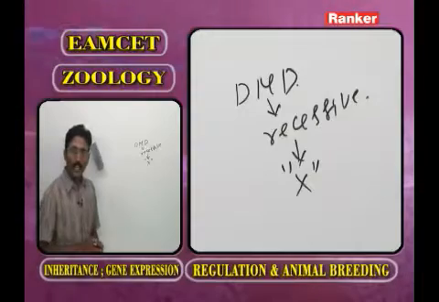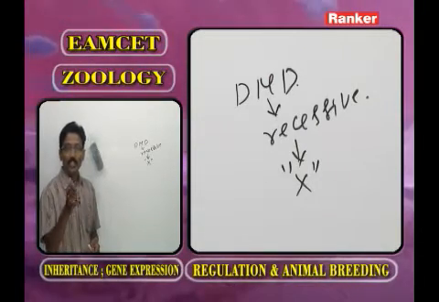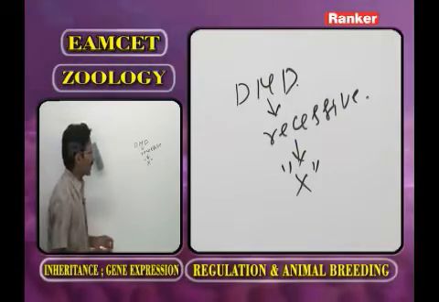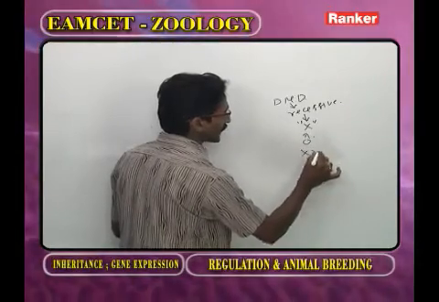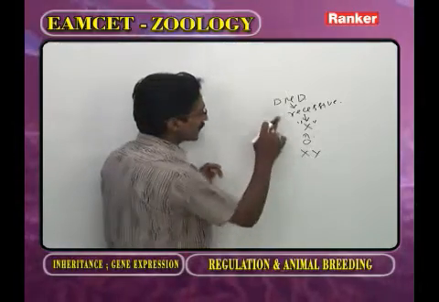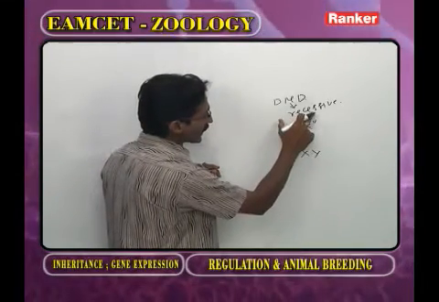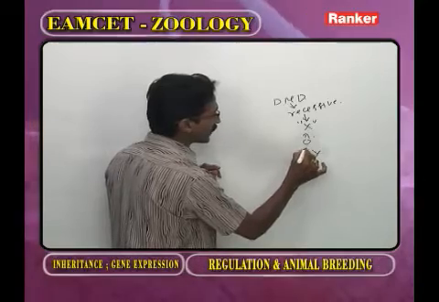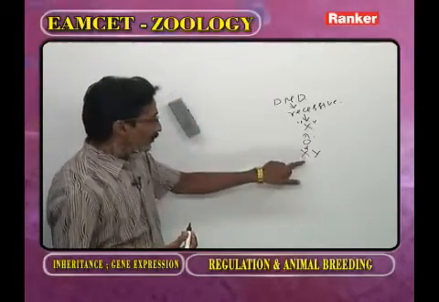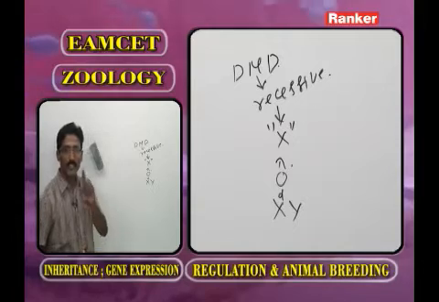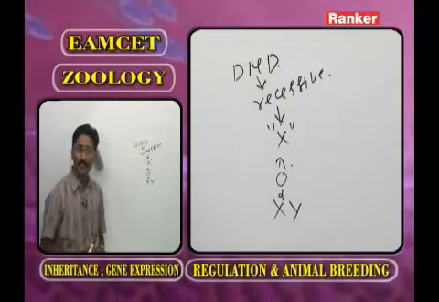Now this DMD, Duchenne muscular dystrophy, is more common in males, because the male animal has XY chromosomes. This disease is controlled by a recessive gene present on X chromosome. So in males how many X chromosomes are present? One. So the disease is more common in males.